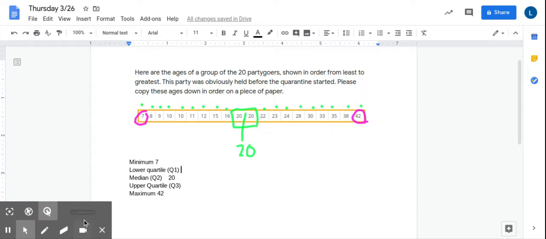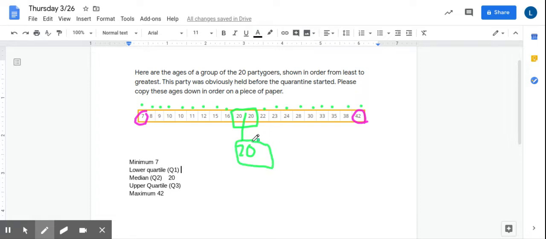Now, the median is not going to be used for the rest of this. It's kind of isolated on its own. But notice that the median splits all of the numbers into two sections. So we can go right down the middle of the median and say, hey, look, here's the lower half, and up here is the upper half.